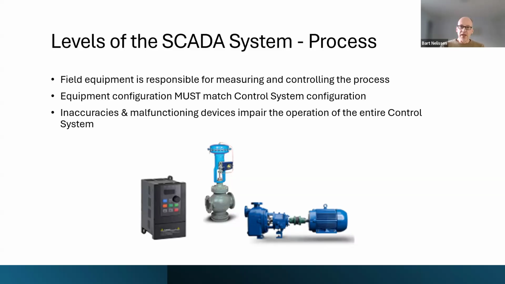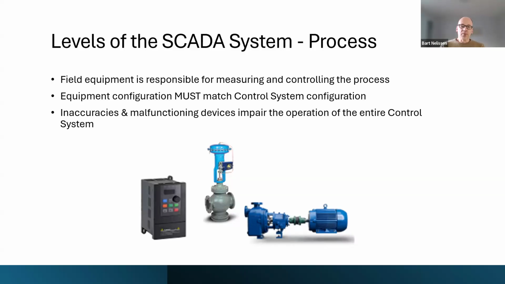So it's any and all of these devices, including things like a temperature sensor, or a level measurement sensor, or could even include things like a float in a wet well. All of those types of devices are physically on the plant floor, monitoring or controlling your process. And they are physically connected to that next level, which was the controller.